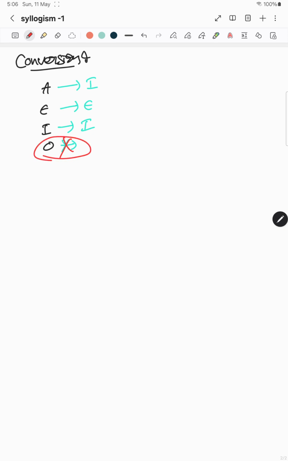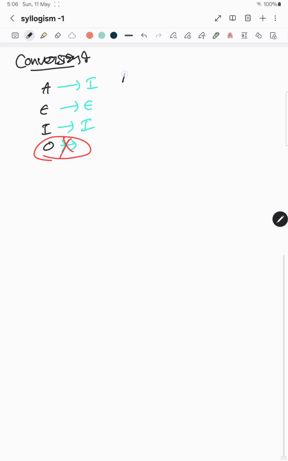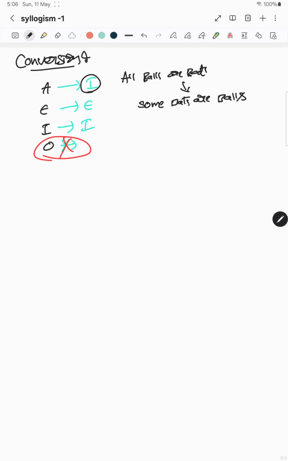So A can be converted into I kind of statements. What does it mean? If we have "All balls are bats", when we convert, it becomes an I kind of statement, that is "Some bats are balls".